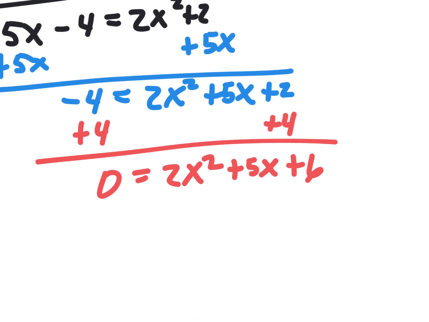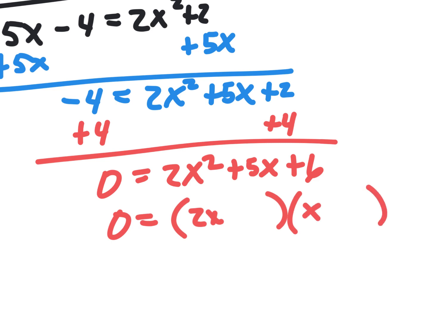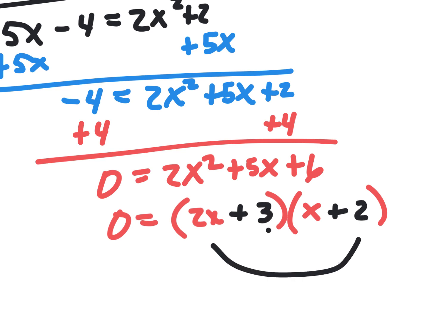So try factoring it. I don't know if it's going to work or not. I'll find out really quick, though. They have to be pluses, and it has to be 2x and an x. That's the only way it could be. Now, at the end, it could be a 3 and a 2, or it could be a 6 and a 1. And I'm starting to process this, and I'm going, even if I put it this way, it's way bigger than 5.